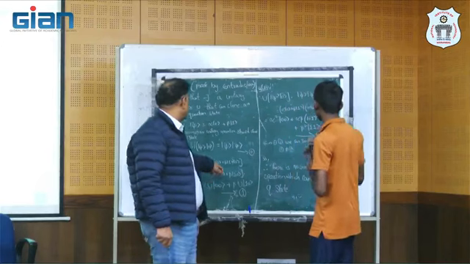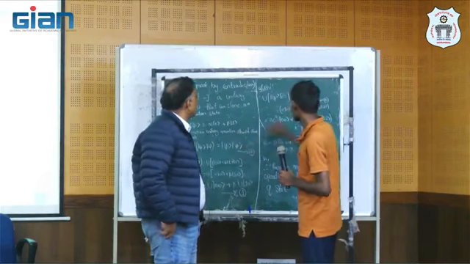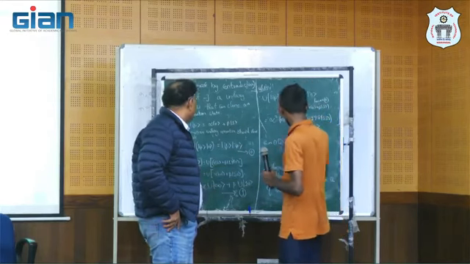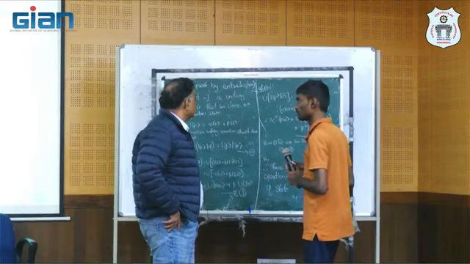This is the assumption that it can clone, and by multiplying this we got this one, but this is not equal to this one.